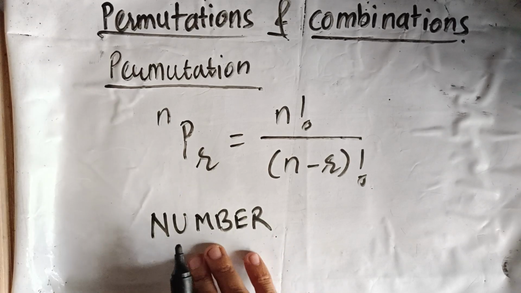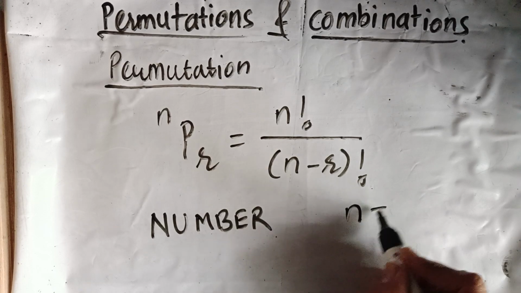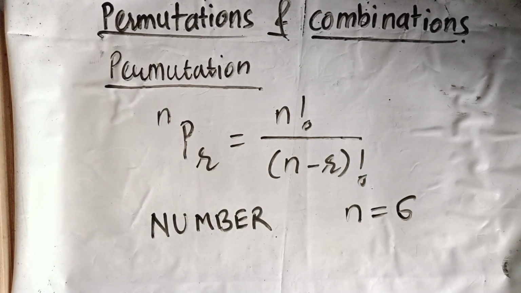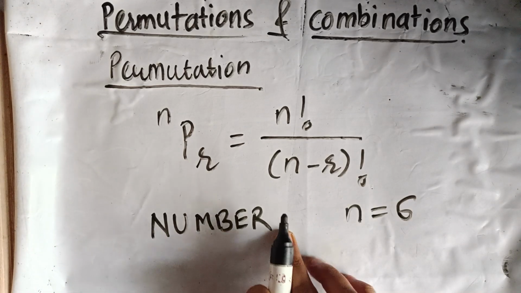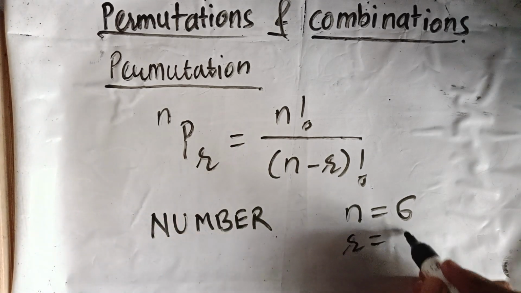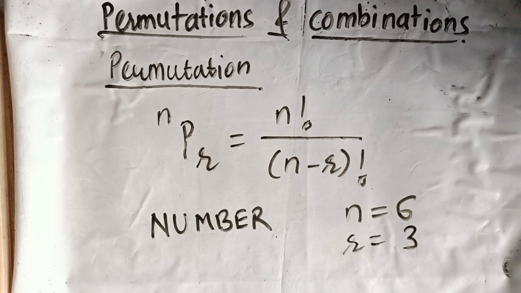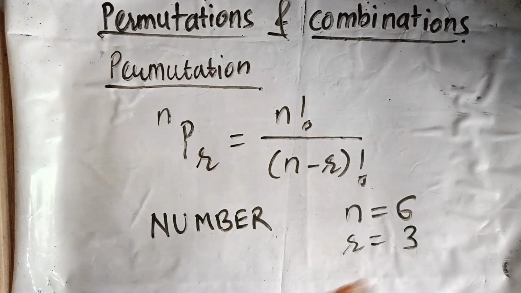So the total number of letters, that is our n, is 6, correct, and I want to write a three-letter word from these letters, so our r becomes 3. So now we have to find the permutation of this.